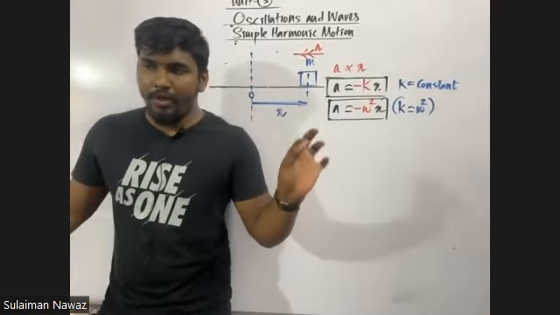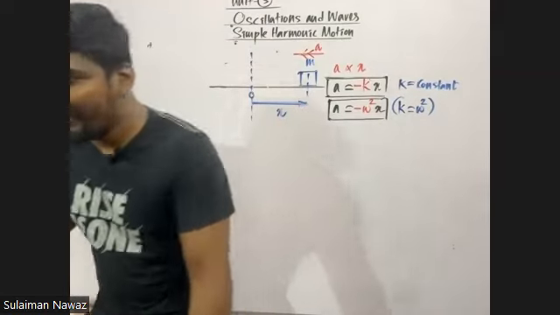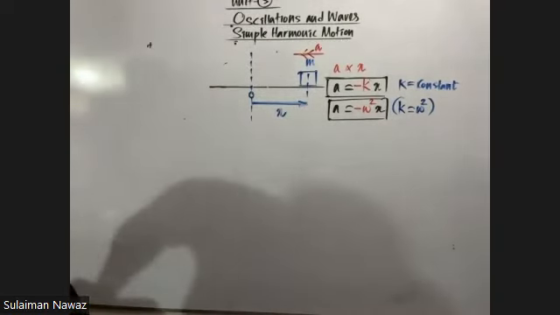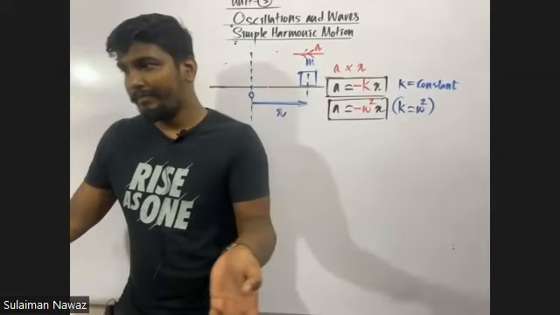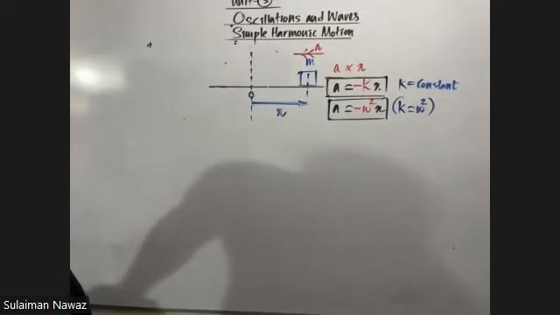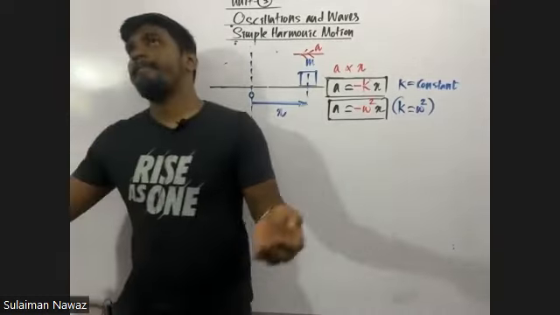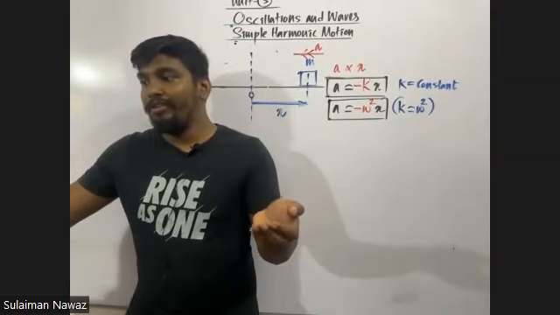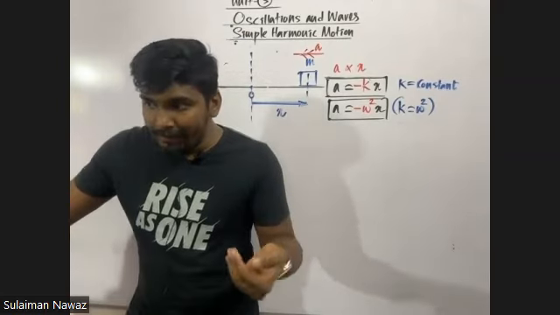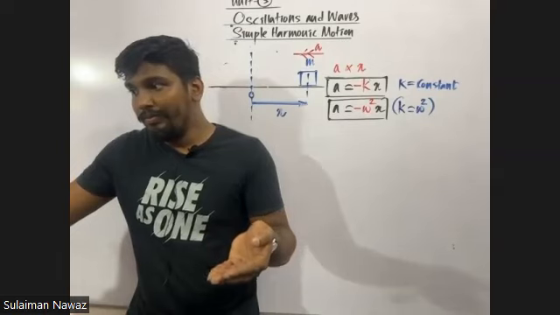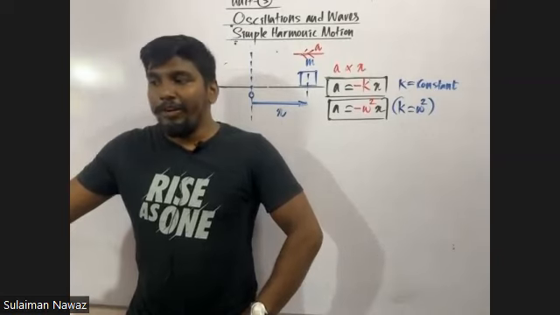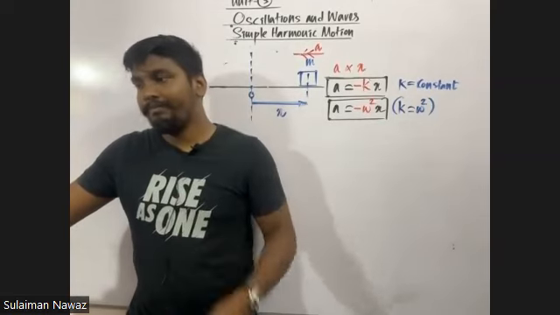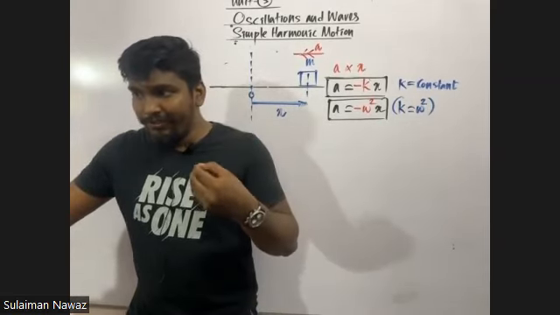Now we'll mark this omega. Omega means what? Write down: omega, the angular velocity of an object in a circular motion corresponding to simple harmonic motion.